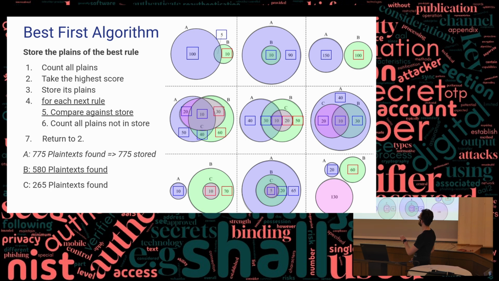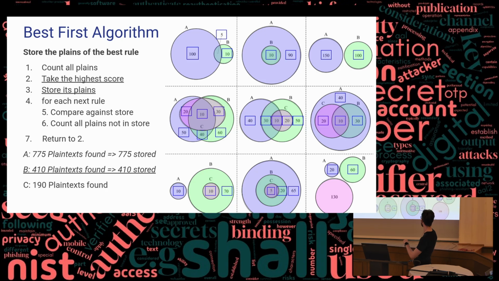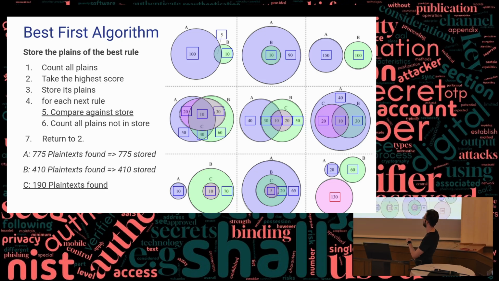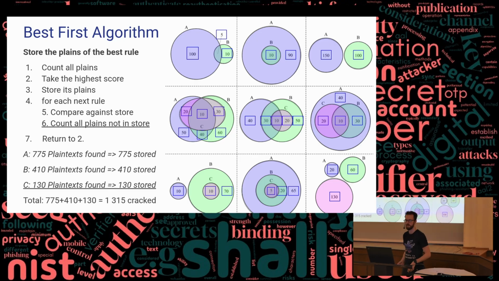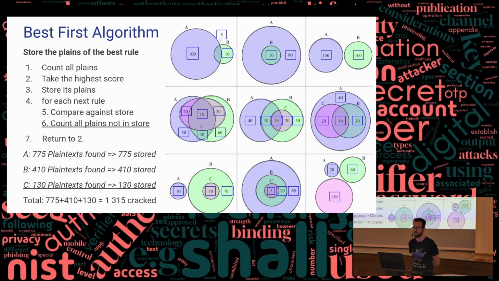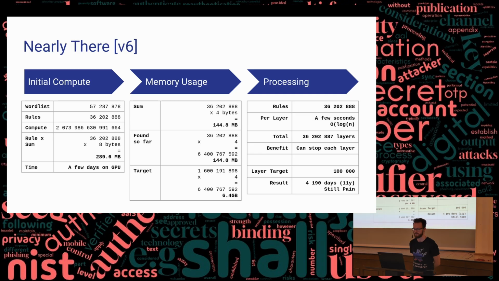We re-evaluate them, changing them down. We do the same for C. We store them, so these turn from red to blue. And then only these are left. So we recalculate this, 130, and we go down to this. So that's how the algorithm plays out.